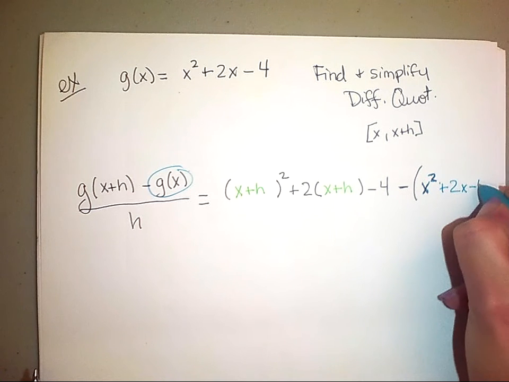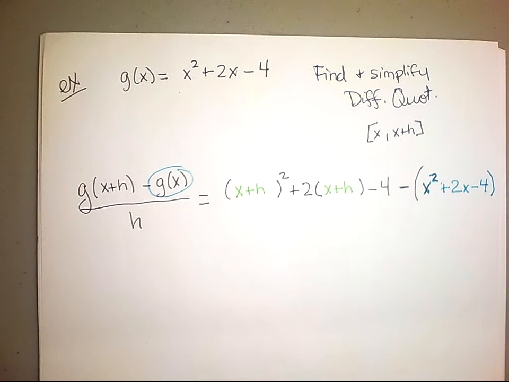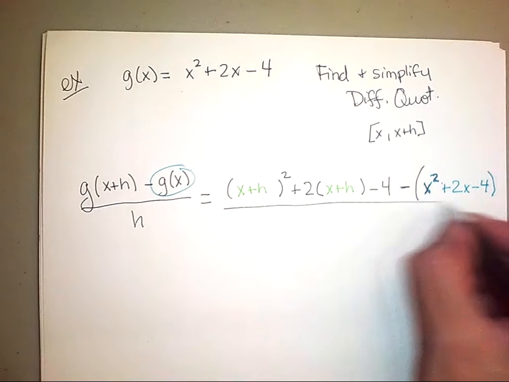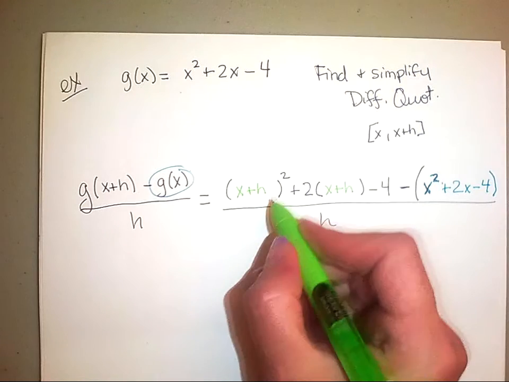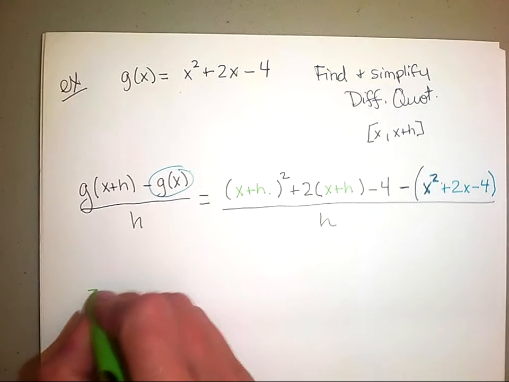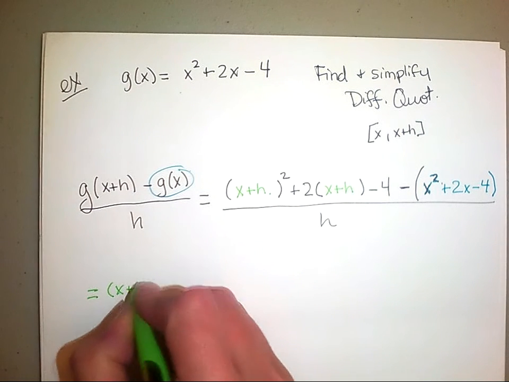Now I'm going to subtract off the original function, which we have here, but this is a polynomial, so remember we've got to open up parentheses. And then we can divide this whole thing by h.